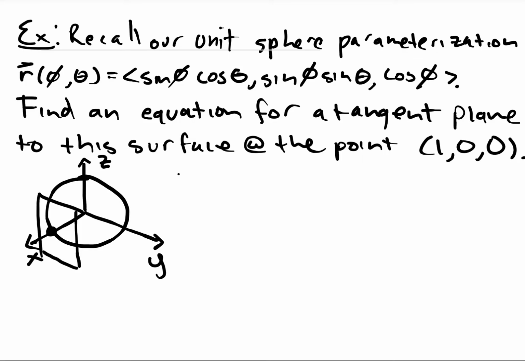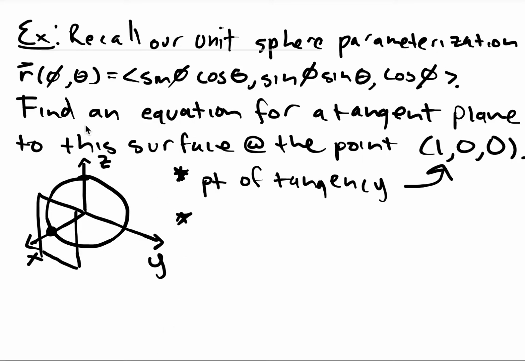Now, for that first part, I said we not only needed the point of tangency, and here my point of tangency, my point on my plane, is given. We're using 1, 0, 0. I said that we not only needed that, but we also needed to know what UV coordinate in D corresponded to that.